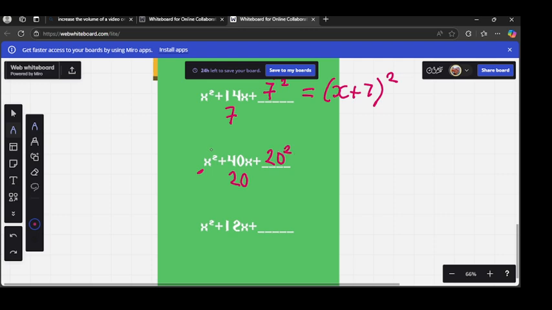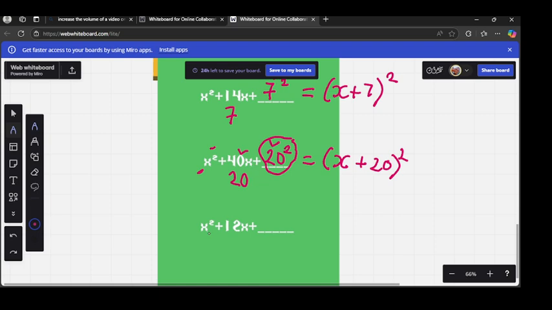Now, x square plus 40x plus 20 square is the square of what? Can you guess? It should be x plus, please not plus 40, but plus 20. And don't add the square, x plus 20 all squared. So if you expand this, you would get back this.